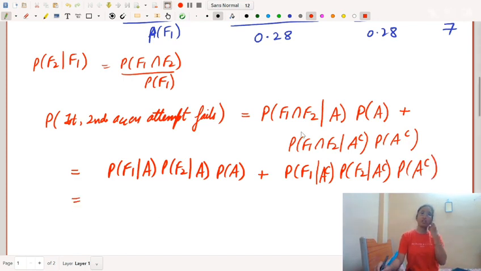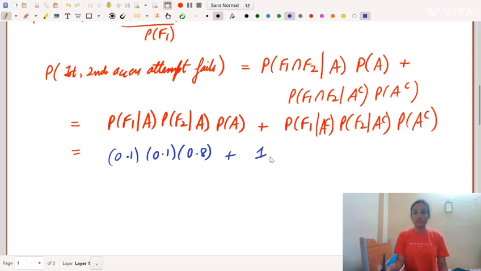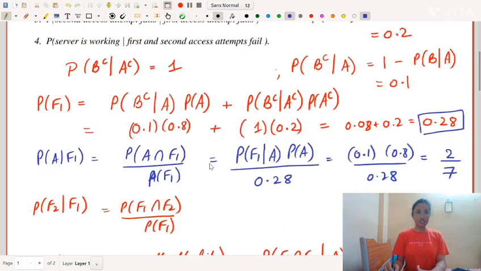Since F1 and F2 are independent events, and F1 is the same as B complement, any access attempt failing given server is working is 0.1 into 0.1 into 0.8, probability of A. Plus this is 1, because if the server is not working we are sure that any access attempt will fail, into 1 into 0.2. So now it is 0.208. This is our answer for the third part.